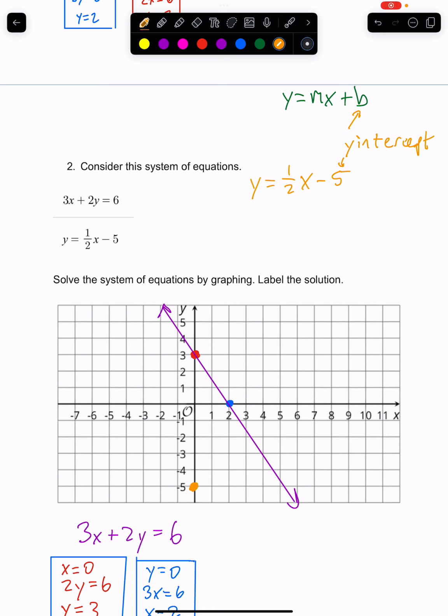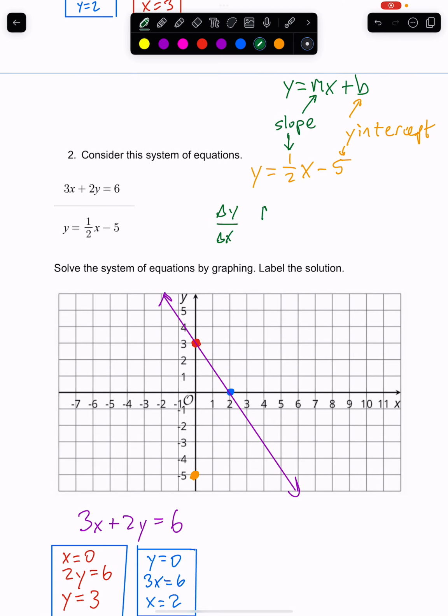And then what's that funny little 1/2 doing there in front of the x? Well, that, ladies and gentlemen, is our slope. It's the coefficient of x. If you have y by itself and it says y equals something, whatever that number in front of x is, it's going to be your slope. Now, the slope is change in y over change in x. How much is it going up or down, divided by how much does it go to the right.